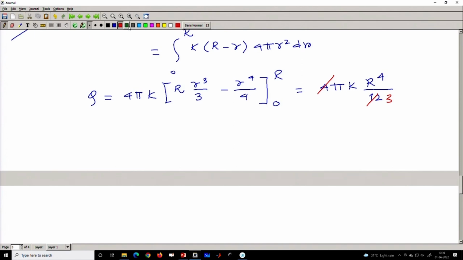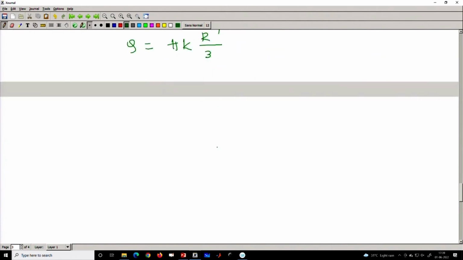So, my Q, what I find is simply pi k R to the power 4 divided by 3. So, from here I can find out the value of k, that is the problem 1.